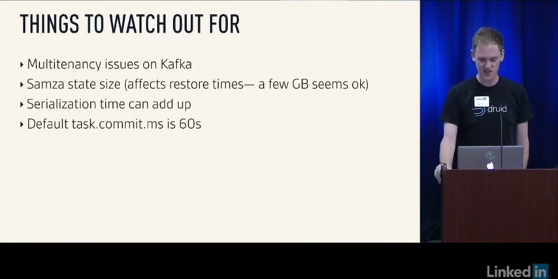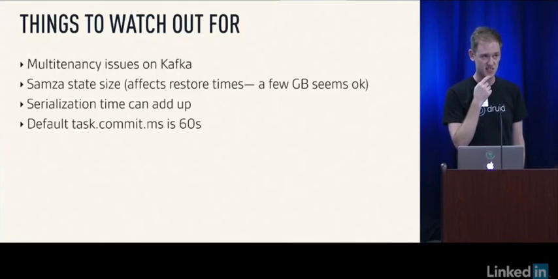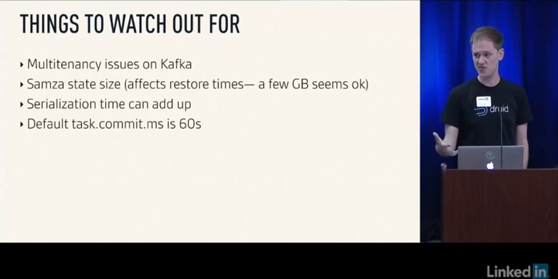Another thing to watch out for that was mentioned previously is that serialization time can add up. That's just a thing that happens in any database or stream processing situation, but it's still true. And the other thing is the default task commit interval is 60 seconds, meaning Samza only commits its offsets every 60 seconds. And that's more or less fine.